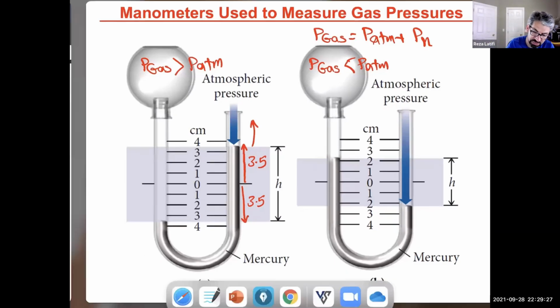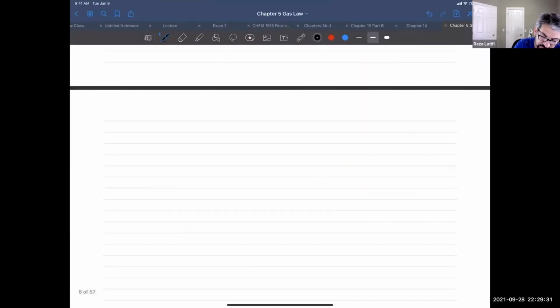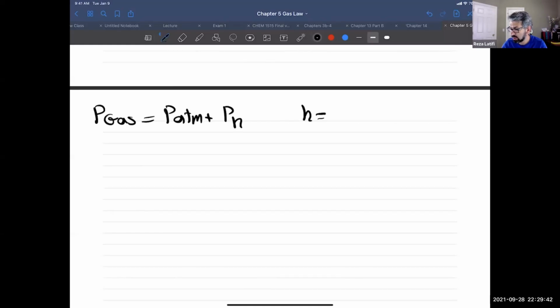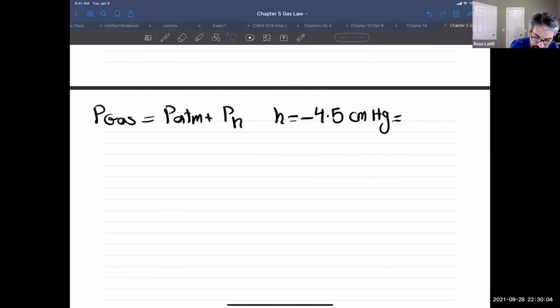And the way I will fix it, I don't want to change the formula. Simply, I will use the same formula, but I'm going to say H is equal to minus 4.5 centimeters of mercury, which is equal to minus 45 millimeters of mercury. So I gave it a negative to show that the displacement is toward the gas sample, not toward the atmosphere.